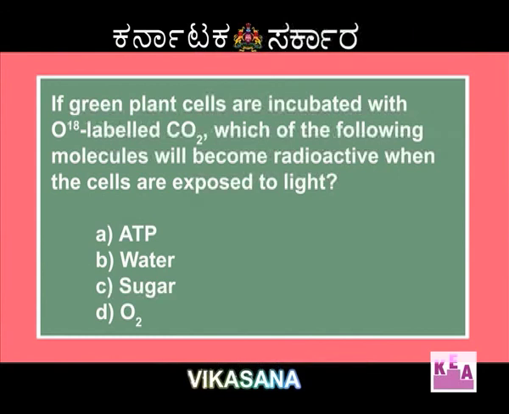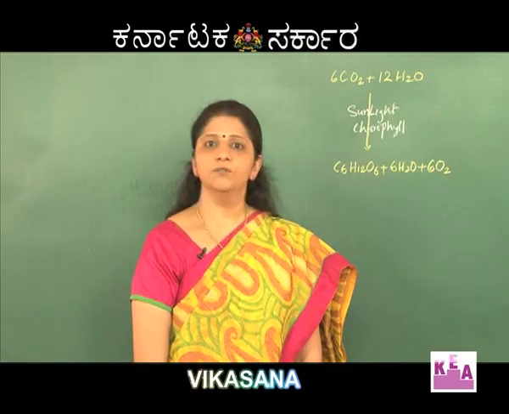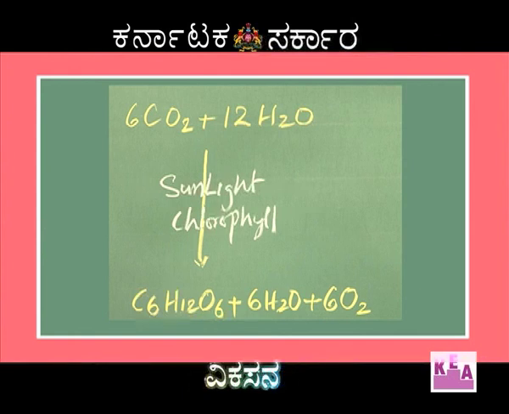Now students, let us recall the equation for photosynthesis. The equation is 6 CO2 plus 12 H2O, in presence of sunlight and chlorophyll, gives C6H12O6 plus 6 H2O plus 6 O2.